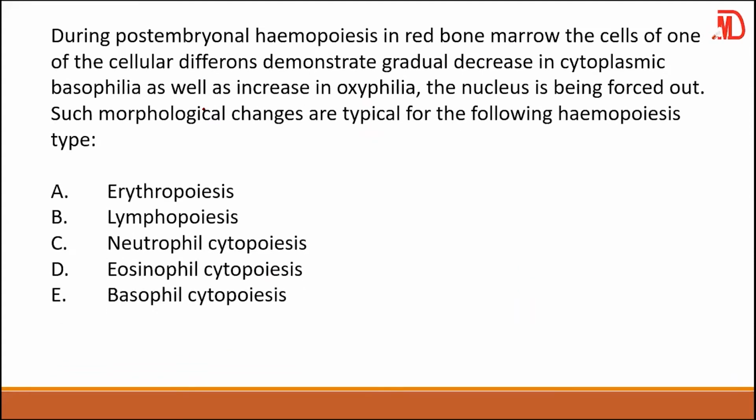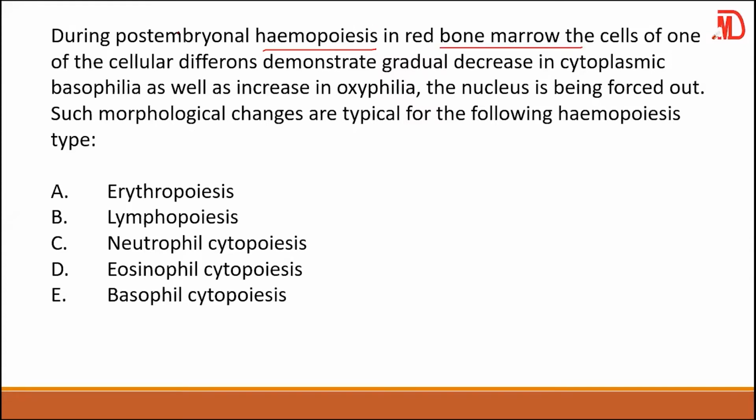During a post-embryonal hematopoiesis, that means production of blood. Good. So during post-embryonal hematopoiesis, that means after the embryo stage, there is development of cells in the red bone marrow.